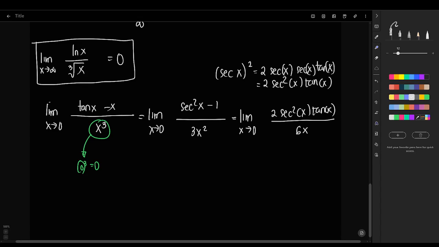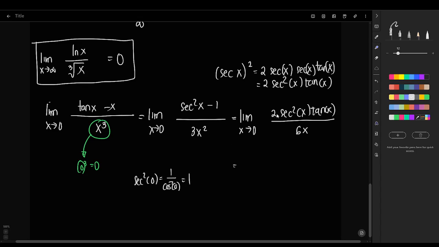And what's left here is, let's just show the solution. When you plug in the value of your secant here, this is simply 1 over cosine squared of 0, which is equivalent to 1.